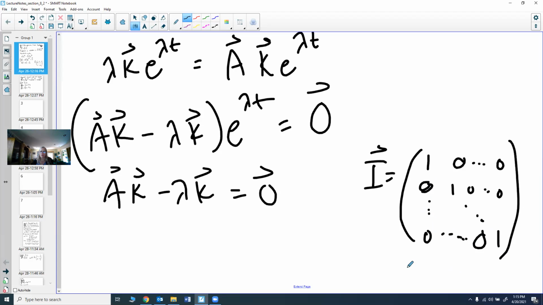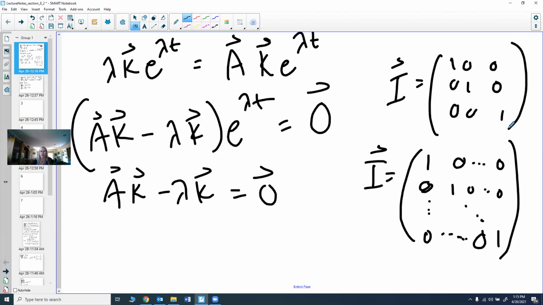So it looks like that. A 3 by 3 identity matrix would be 1 0 0, 0 1 0, 0 0 1. If you multiply the identity matrix by a matrix, you get back the matrix you started with. So the identity matrix times k would give you k back.